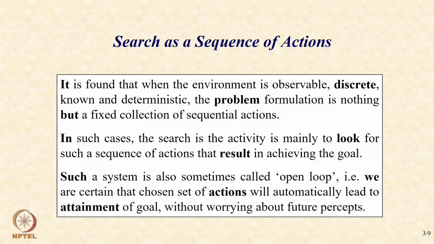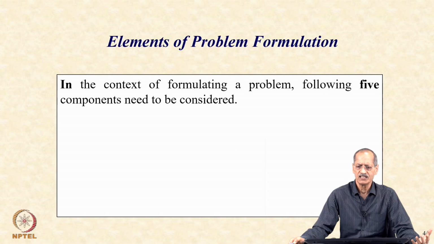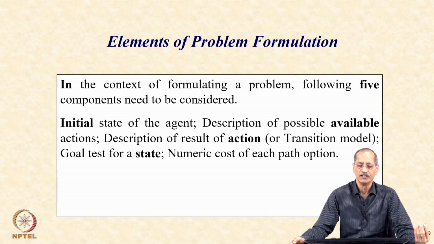So, there is no reason to have any corrective action. That is why the term open loop is sometimes applicable to this scenario. So, let us see, in case we want to formulate such a problem, what components we will need to consider. So, we will need to consider what is the initial state.